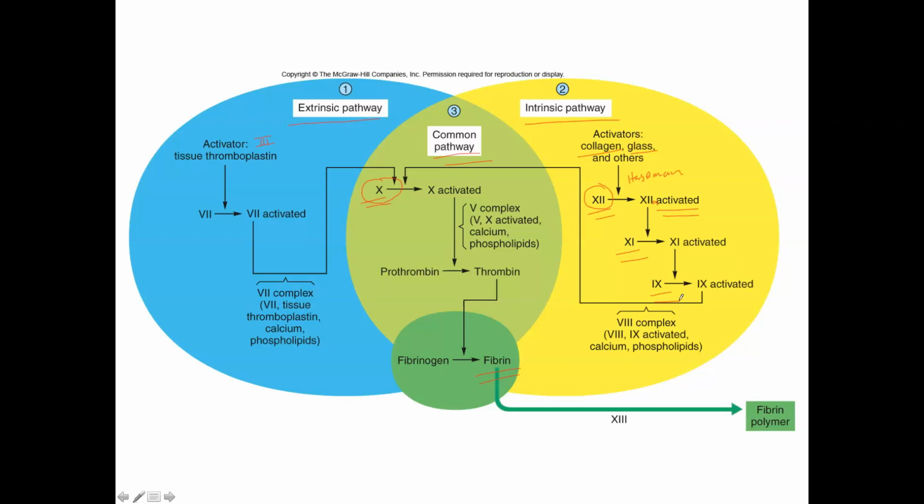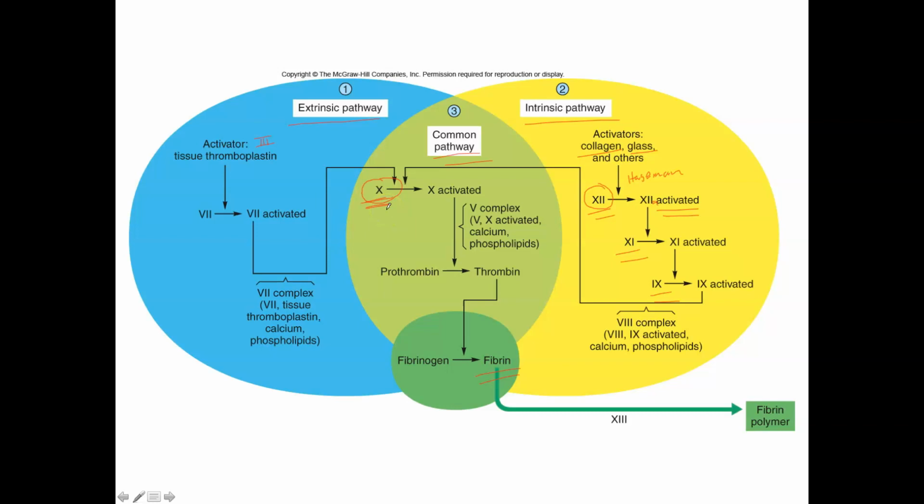So we'll come back to that. It's a form of hemophilia. So 12 is activating 11. 11 is activating 9. Once you have active factor 9, that's going to activate factor 10. Okay, so in order to get to the common pathway, it's 12, 11, 9, and then it activates factor 10.